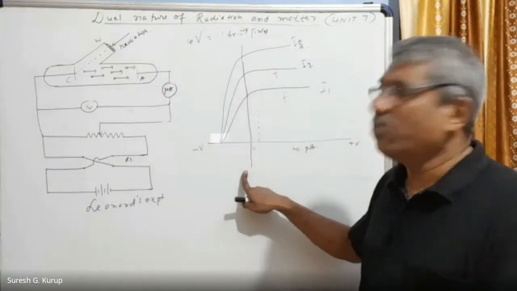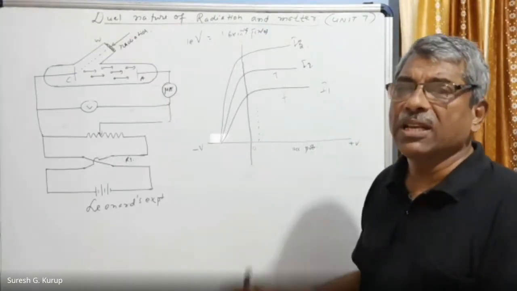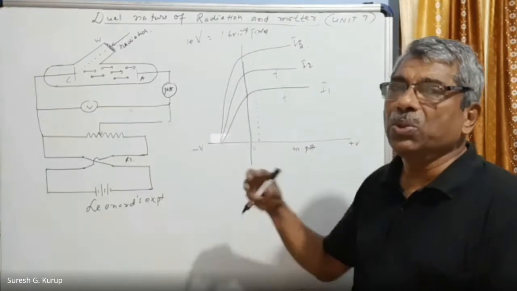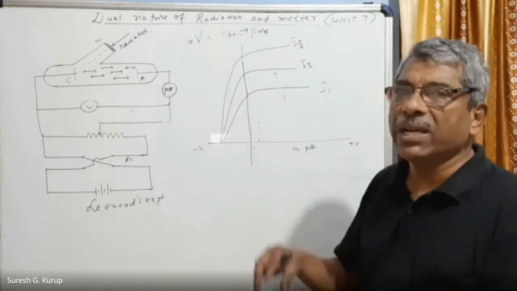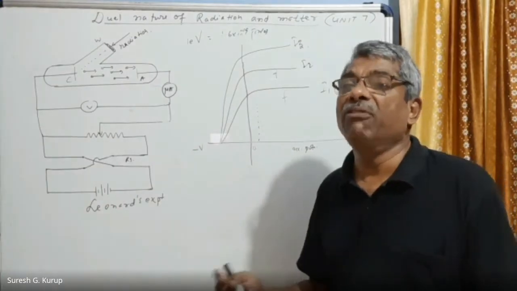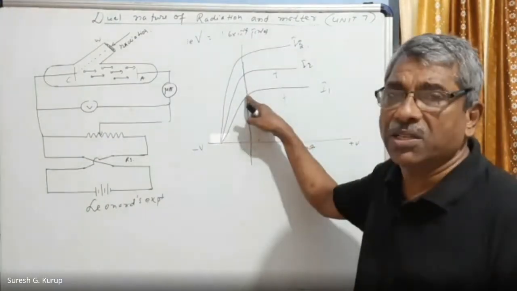Potential of what? Potential of the anode plate. It means the kinetic energy of the electrons emitted by the cathode plate due to the incident radiation is not a constant. Different electrons have different values of kinetic energy. Here the kinetic energy is more, here the kinetic energy is less.